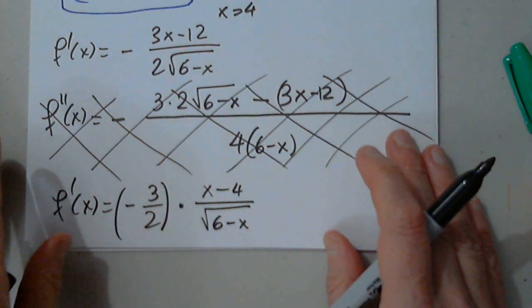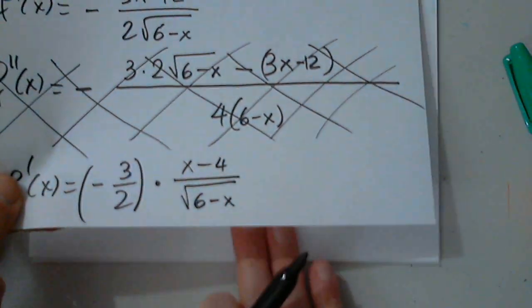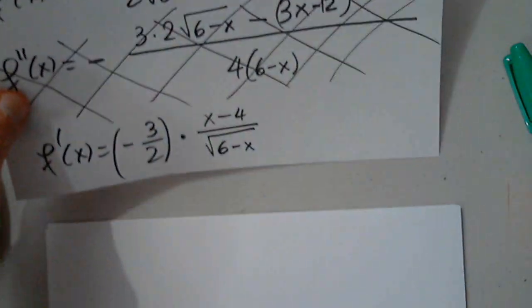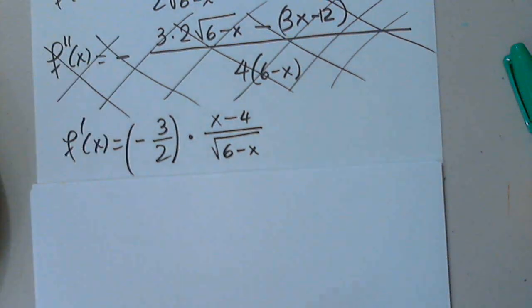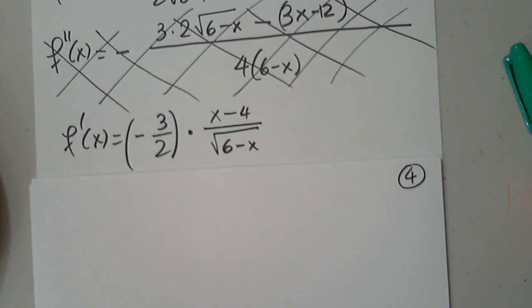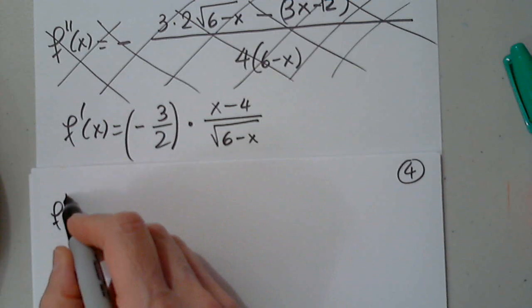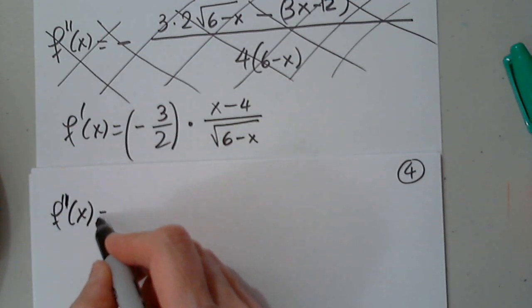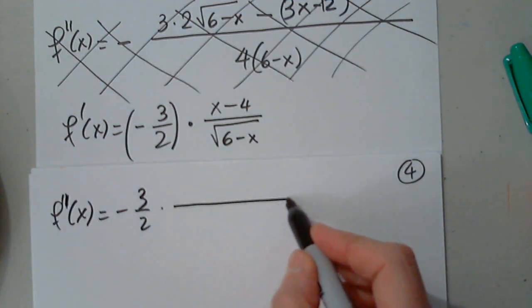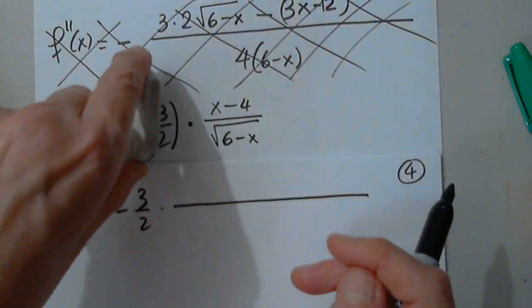So I'm going to keep this constant outside. And now I'm going to differentiate this. You can say, just a poor 2 in there bothered you. Yes, it did. Okay, so the second derivative, negative 3/2. And this can wait.